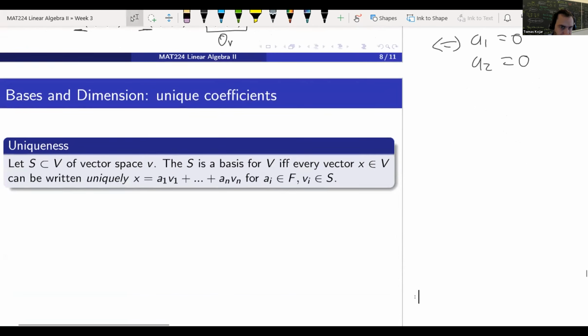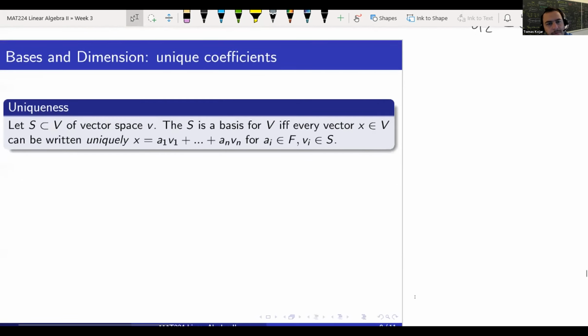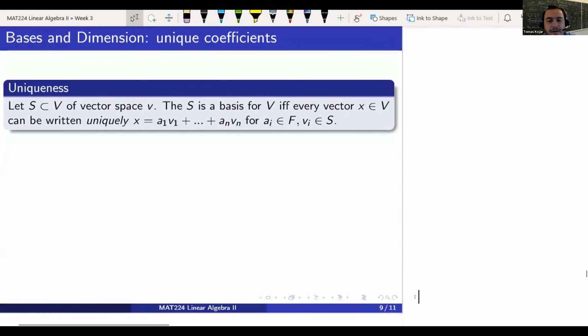All right. Let's prove our main result for today. And we have time, so we can prove this and then spend the rest of the time doing examples to give you some practice. All right, let's do this result.